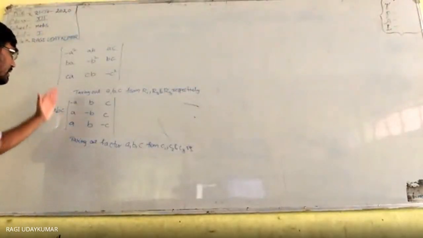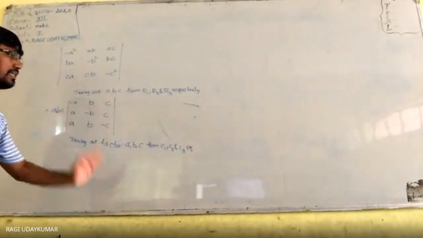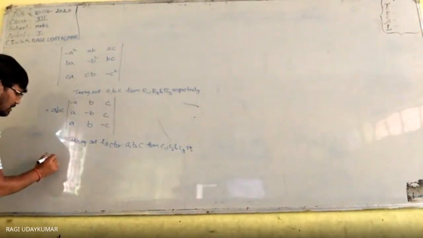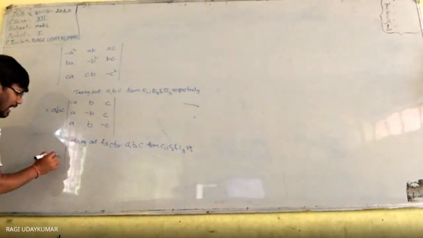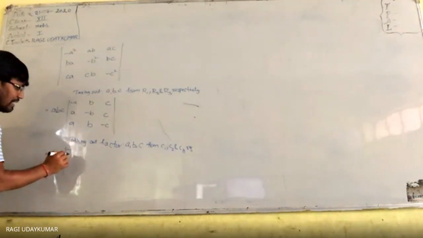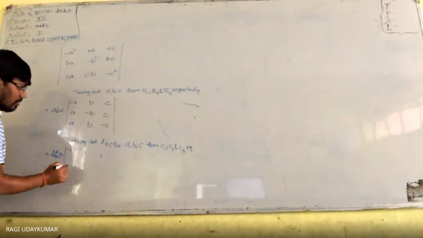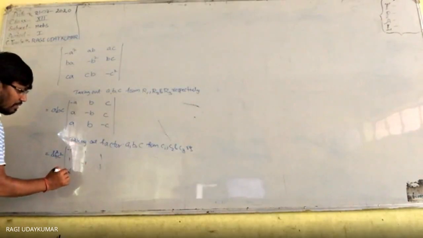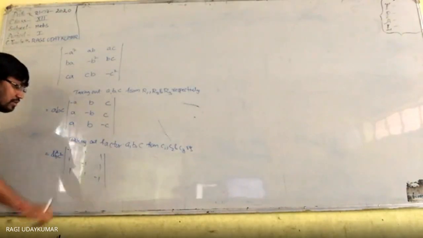So now, from this a, from this b, from this c is common. So this equals a, b, c, and then again a, b, c common taking means a square, b square, c square, times a determinant with entries minus 1, 1, 1, 1, minus 1, 1, 1, 1, minus 1.